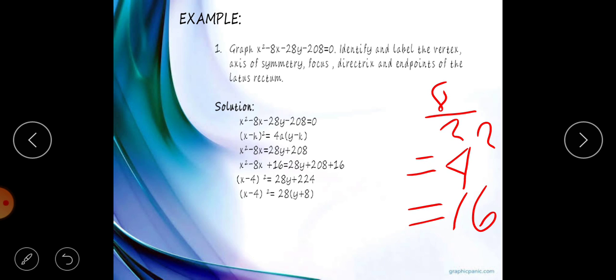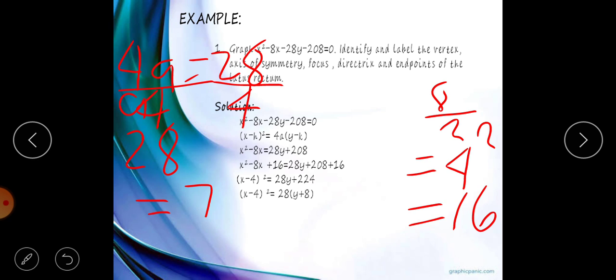To find the value of a, 4a is equal to 28. So to find the value of a, we simply divide 28 by 4, and 28 divided by 4 is equal to 7.